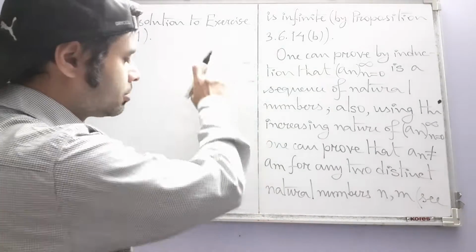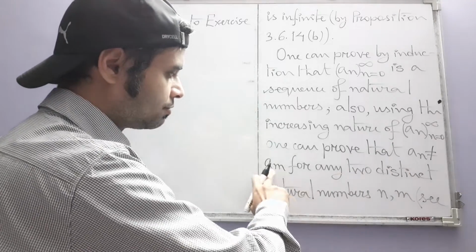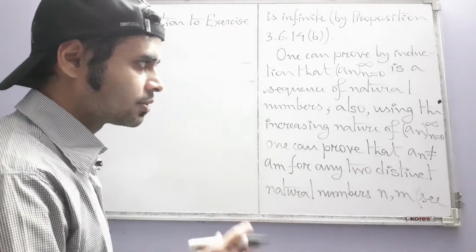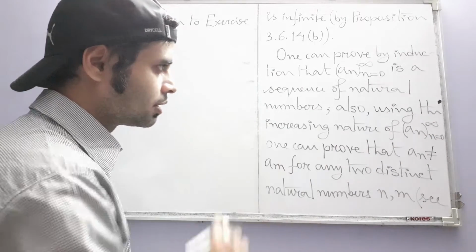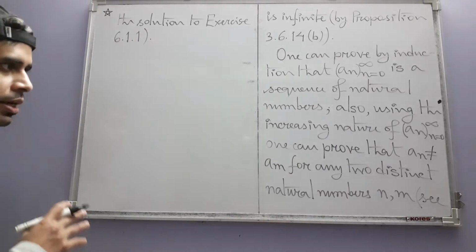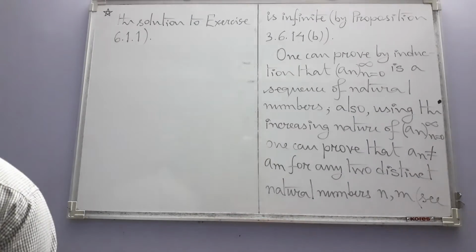You see the solution, you will understand how this second claim of distinctness of the terms of the sequence follows from the increasing nature. Now we are going to prove that the sequence is actually increasing, but I need ink before that.